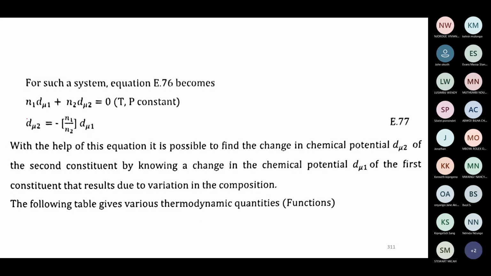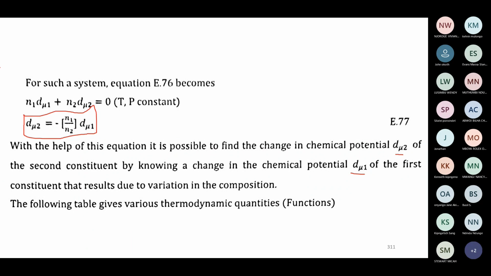With this equation, it is possible to find the change in chemical potential d mu2 of the second constituent by knowing the change in the chemical potential d mu1 of the first constituent that results due to the variation in the composition.